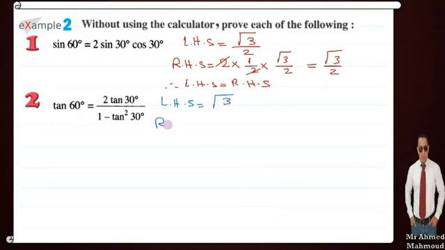And the right hand side equals the fraction 2 times 1 over root 3, over 1 minus open brackets 1 over root 3.